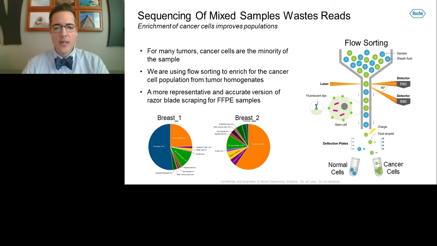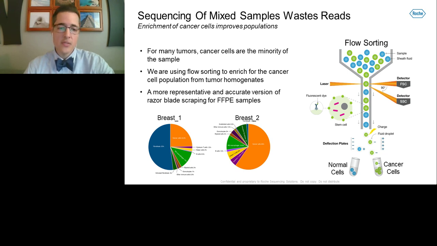On the bottom right here, you can see two different tumors from this clinical study called Holstef, run out of the Marsden. The tumor on the left has around 25% cancer cells, whereas the tumor on the right has around 60% cancer cells. So those are two very different outcomes when we're thinking about sequencing.